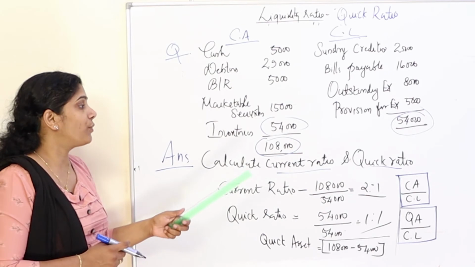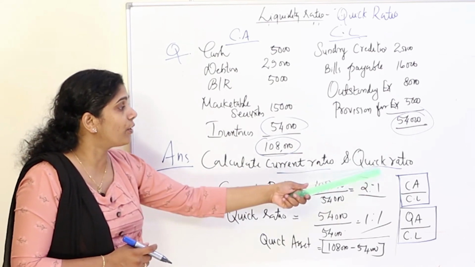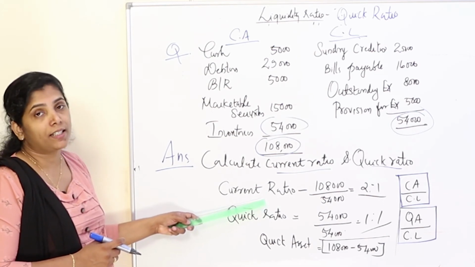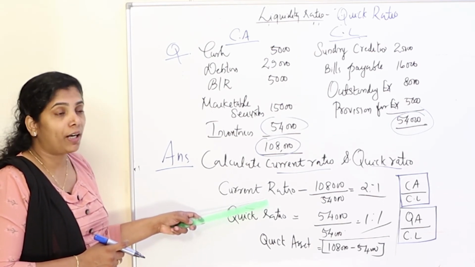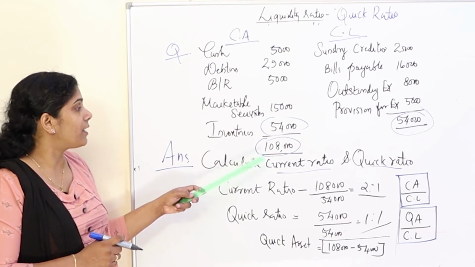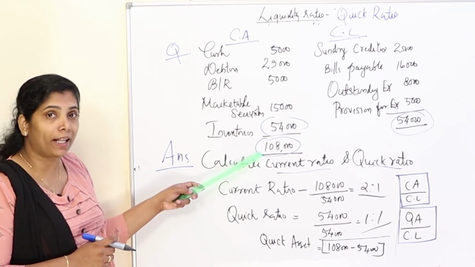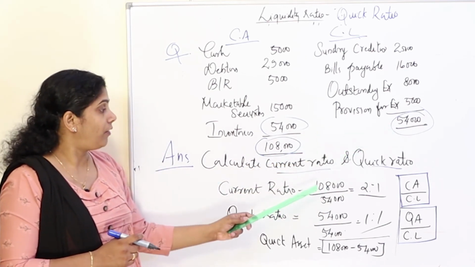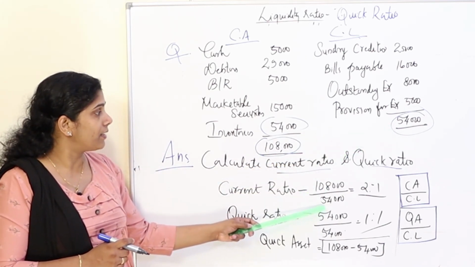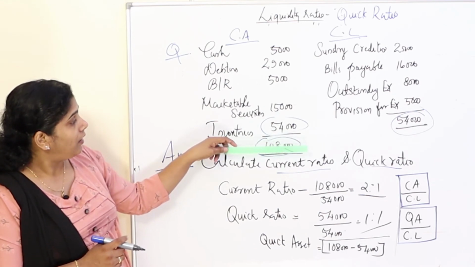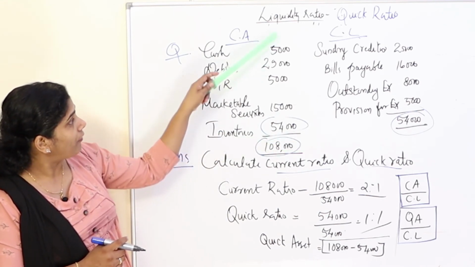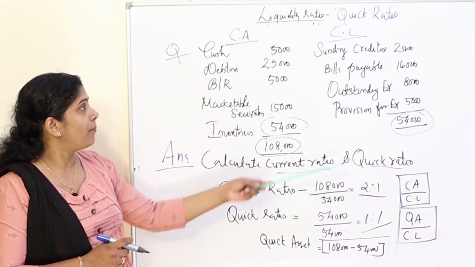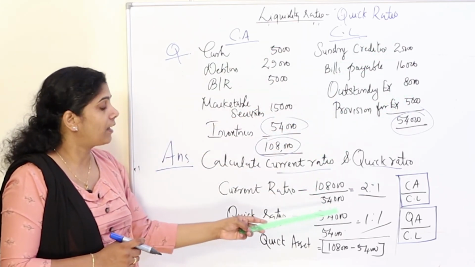First you have to calculate current ratio, and then quick ratio. The current ratio equation is total current asset divided by current liability. If there is no total available, you have to add all these and take it as current asset, and add all these and take it as current liability.